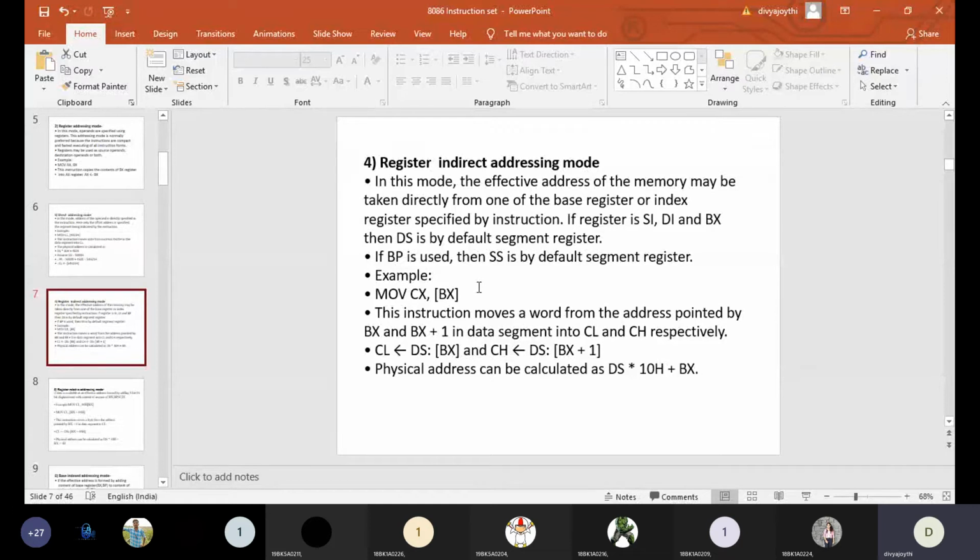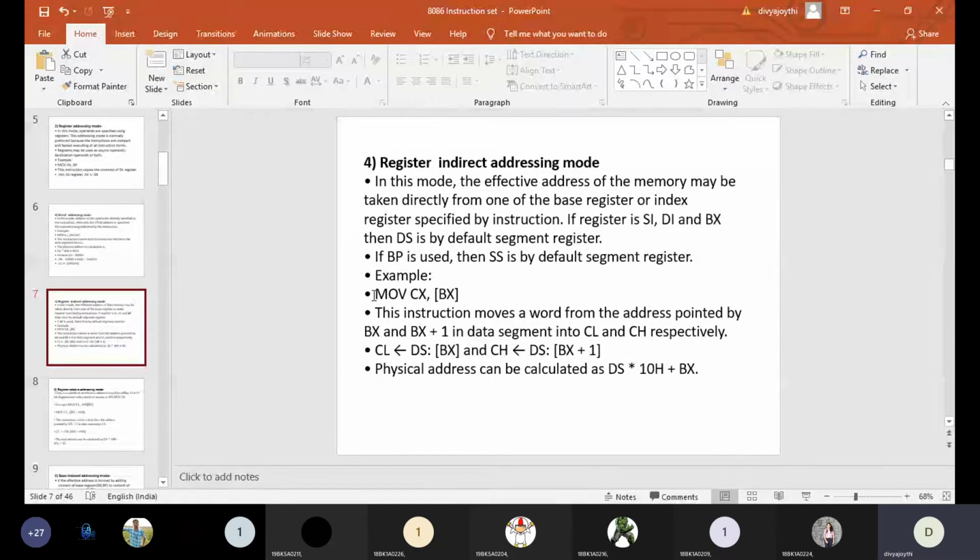When a register or a number is represented within the braces, then whatever information is there in the braces represents an address. So now how is this instruction going to be executed?